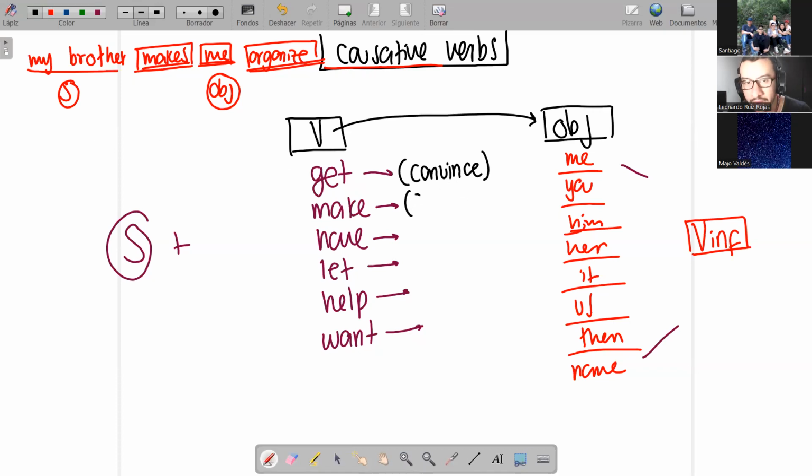Make, on the other hand, is going to be force. Not convincing another person, but obligating the person to do that, right? So it's not voluntary, it's like an obligation. Have, on the other hand, is going to be encourage. Encourage the person to do something, or pay the person to do something.